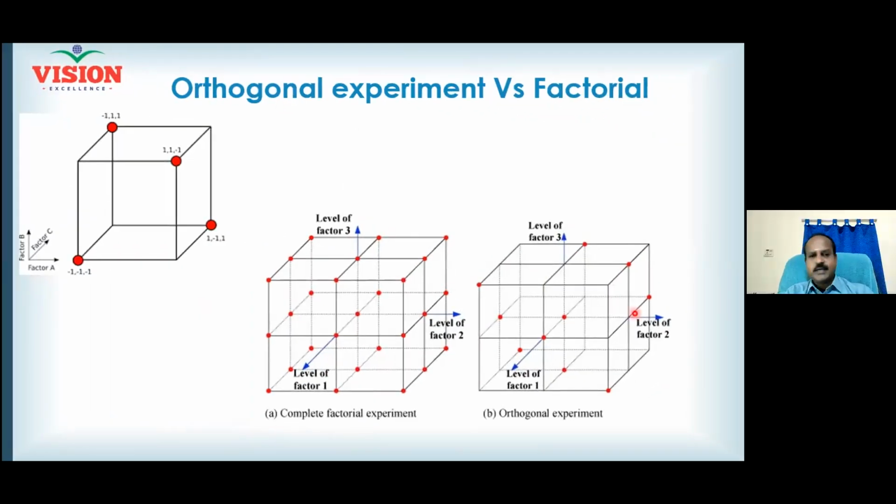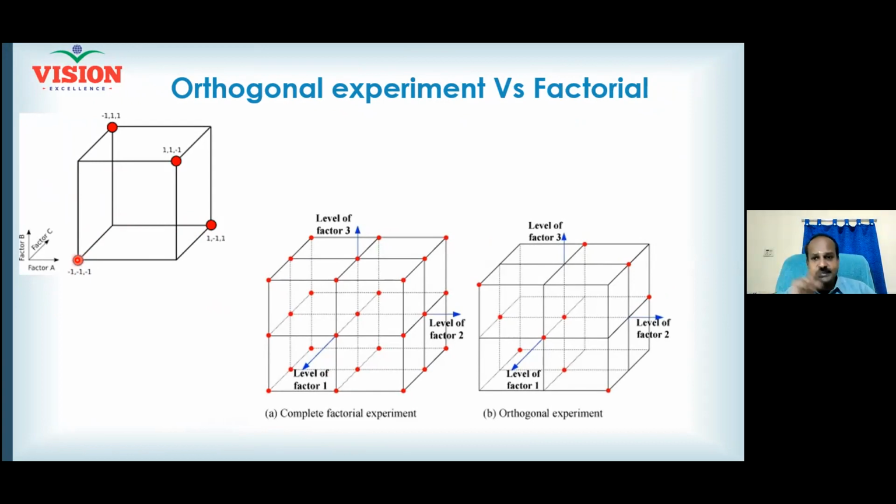So in a factorial experiment, for example, here there is an x-axis, there is a y-axis, there is a z-axis. That means there are 3 factors. The x-axis has got 2 ends, one end this side, one end this side. And your y-axis, this is a corner and this is another corner. And z-axis, this is a corner, this is a corner. That means 3 axes represent 3 factors.